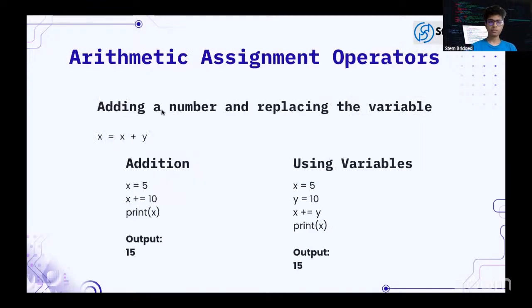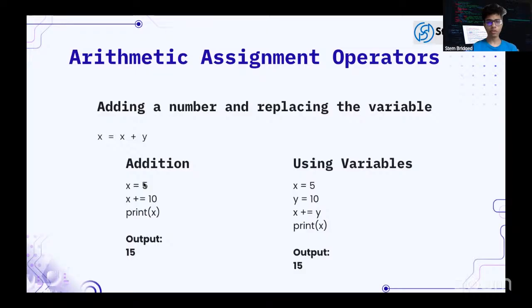Adding a number and replacing the variable. The initial value of x plus y is going to be set into x. So over here, x is 5, and then you add 10 with plus equals, which means you're adding 10 to that, and that would lead to 15.